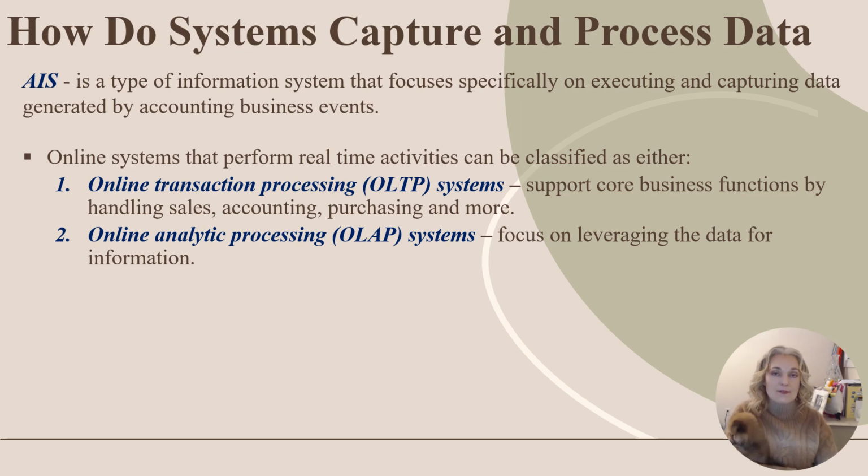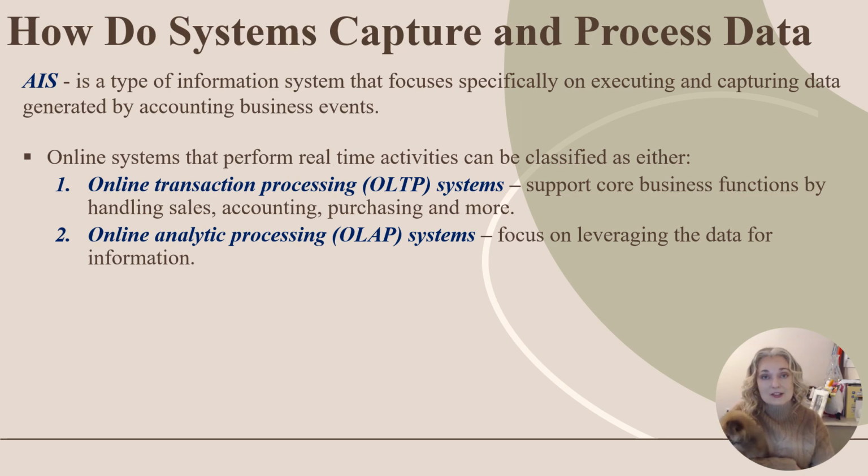If you recall from our previous classes, an AIS, or Accounting Information System, is a type of information system that focuses specifically on executing and capturing data generated by business events. Online systems that perform real-time activities can be classified as either online transaction processing systems or online analytical processing systems.